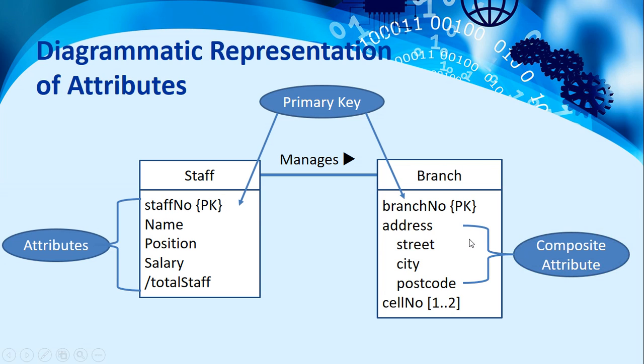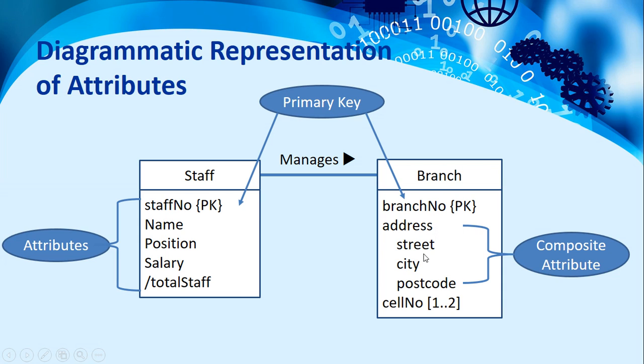Okay, so the address, as you notice, has street, city, and postcode indented. That's deliberate, because it means the street, city, and postcode are part of the address attribute.